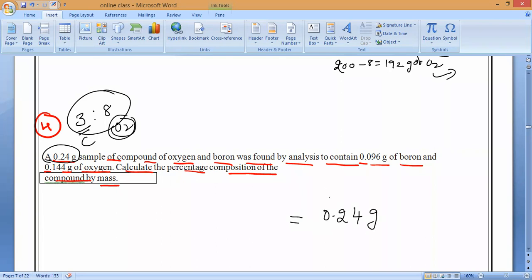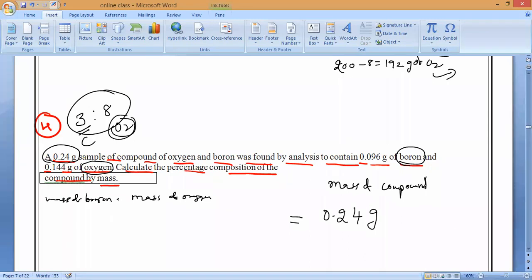Mass of the compound is 0.24 grams. It is made up of two things, boron and oxygen. They are mentioning the mass of oxygen and the mass of boron. What is the mass of boron?